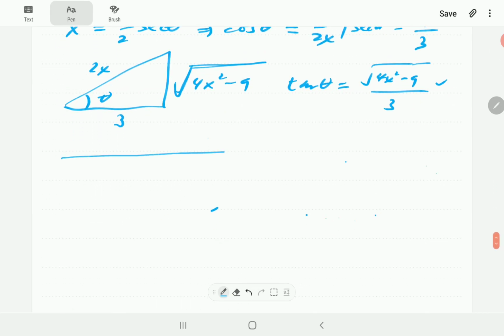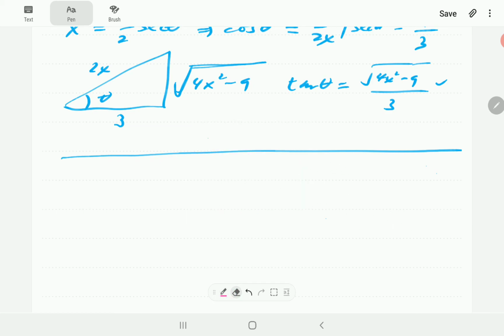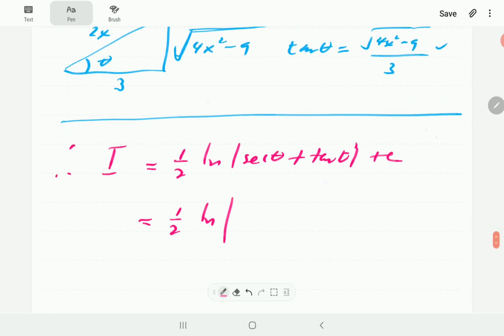So therefore I, which is 1/2 ln of the magnitude of secant theta plus tangent theta, is going to be equal to 1/2 ln of 2x/3 plus square root 4x squared minus 9 all over 3, plus c.